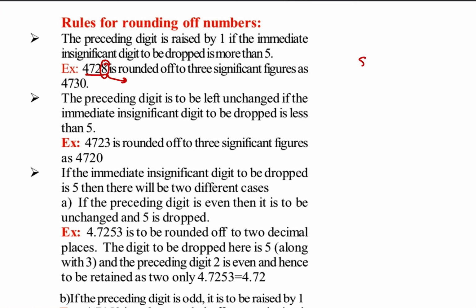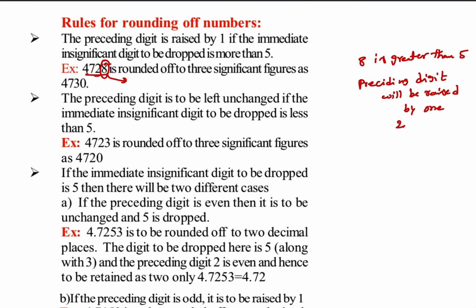If you want to round this off to 3 significant figures, 3 significant figures means the number to be dropped is 8. 8 is greater than 5. So the preceding digit will be raised by 1.